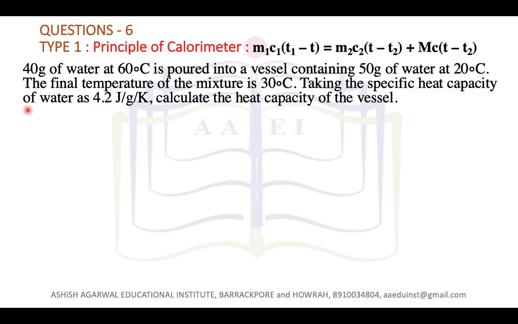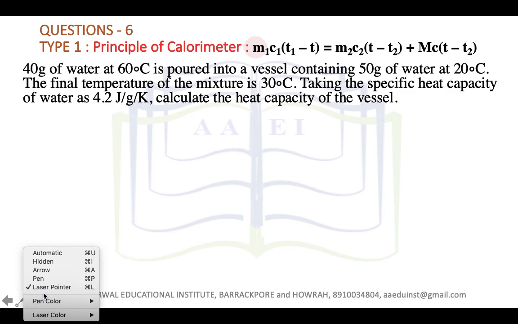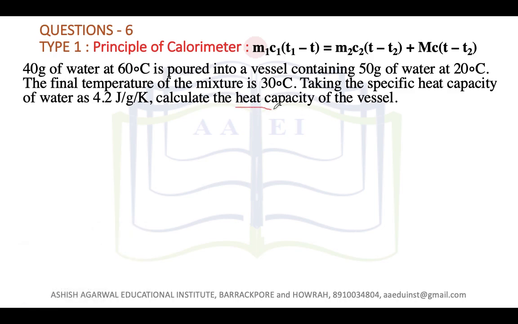Taking the specific heat capacity of water as given, calculate the heat capacity of the vessel. They did not write specific heat capacity. If you can recall, in this video what we have discussed, the heat capacity is denoted by capital C, which is equal to mass into small c.